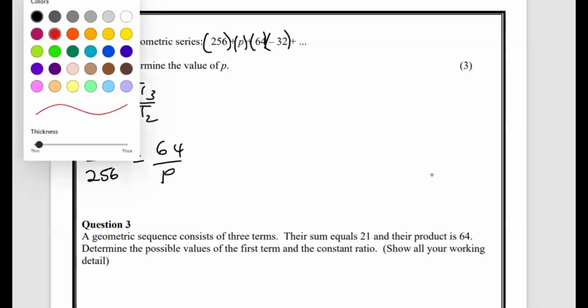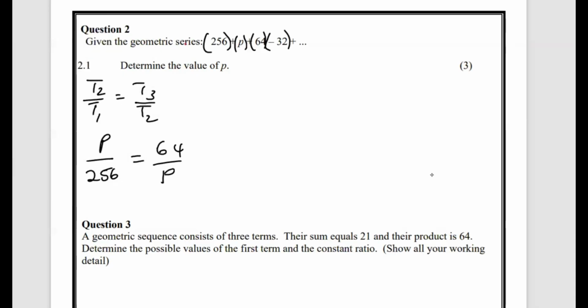Then what do I do next? I have to do the cross multiplication. So P and P, I'll have my P squared, and then 256 multiplied by 64. That seems big. So I have 16384. Then I have to find the square root.